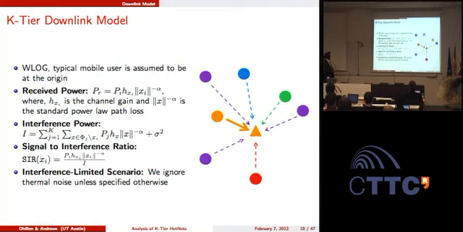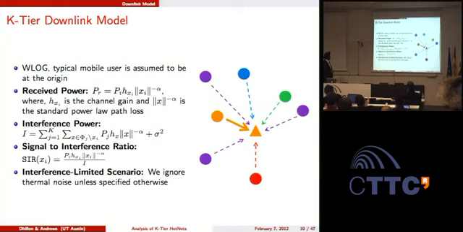Our first assumption, without loss of generality, is that the typical mobile user is at the origin. You have all these base stations, and the mobile at which you will be doing your analysis is at the origin. That is the first thing to note. And then the receive power is going to be the product of the transmit power, the fading component, and a standard path loss, where alpha is your path loss coefficient.